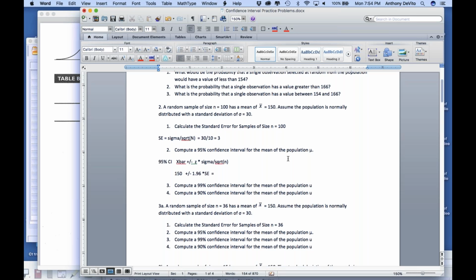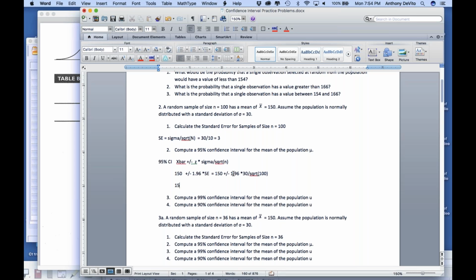Now of course my standard error is, it's 150 plus or minus my standard error. Since I know my sigma, since I know what my population standard deviation is, I can use that 1.96, a z-score, times my standard error, which is 30 divided by the square root of 100, my sample size. So what is that going to be equal to?